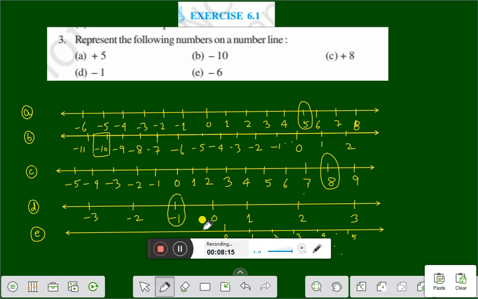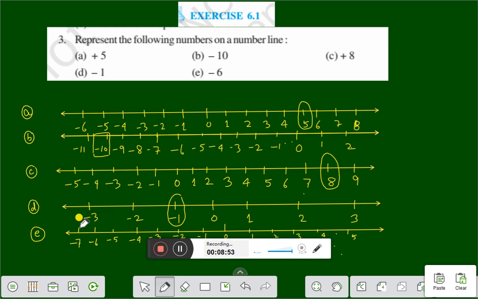And this is minus 1, minus 2, minus 3, minus 4, minus 5, minus 6, and this is minus 7.